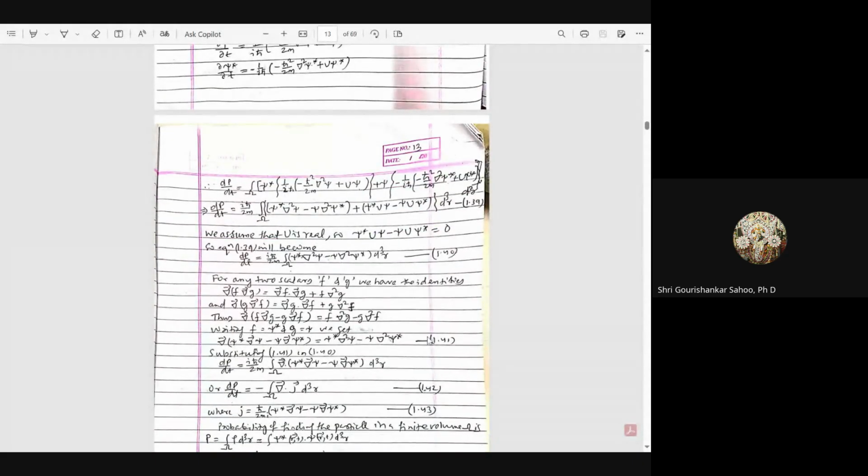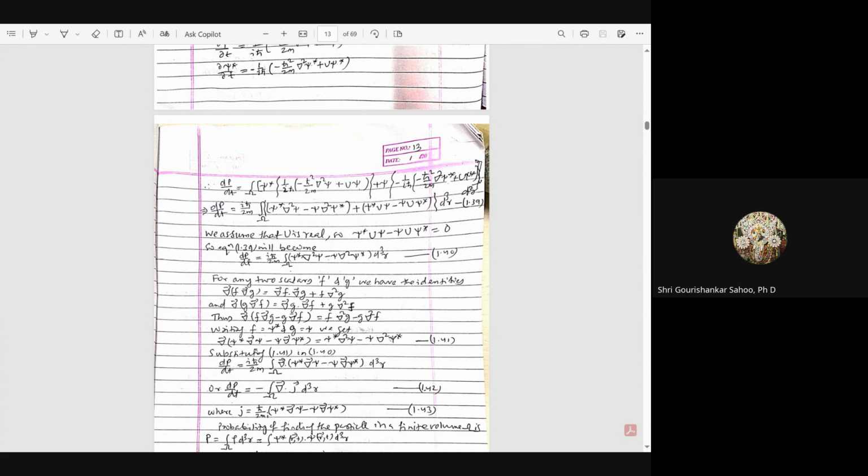So del P by del t is equal to the integration over omega of psi star (1 by i h cross)(minus h cross squared by twice m del square psi plus U psi) plus psi (minus 1 by i h cross)(minus h cross squared by twice m del square psi star plus U psi star).